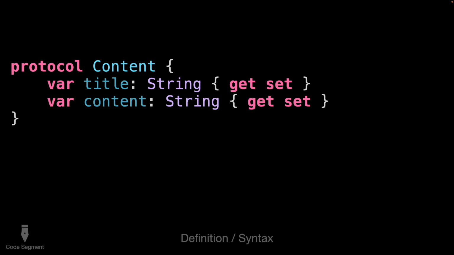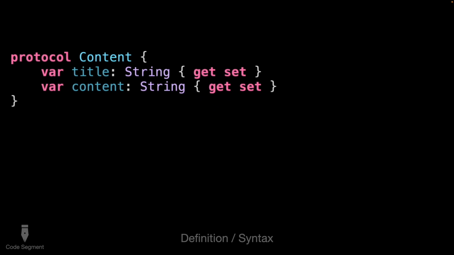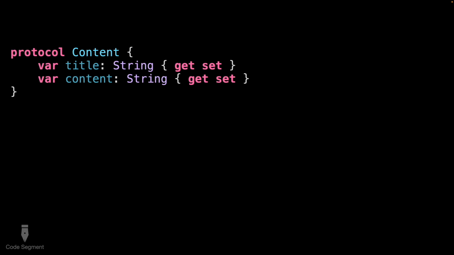You need to be able to mutate it, okay? And then we do the same thing with this content string as well. So anything that adopts content can conform to it by implementing a title and a content property that you can read and modify.